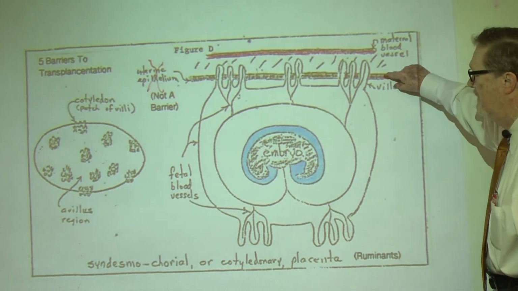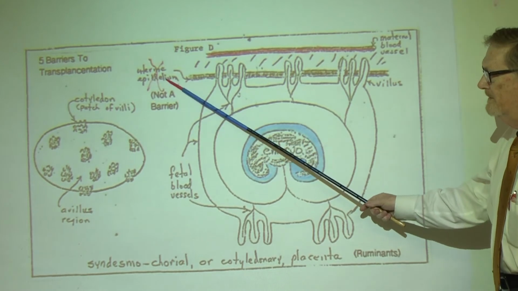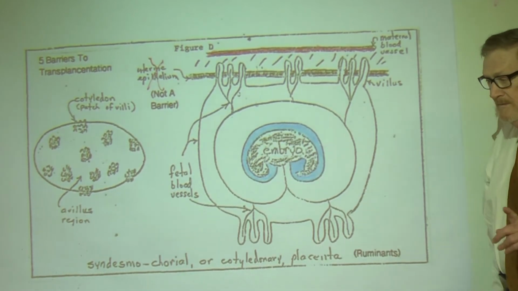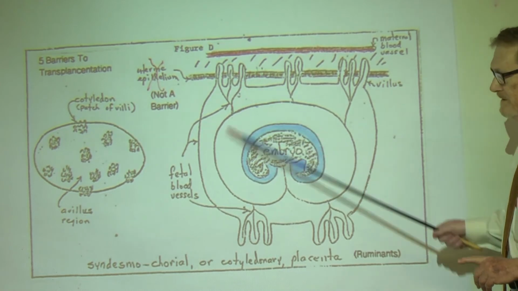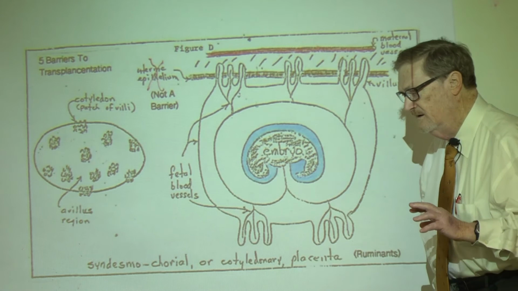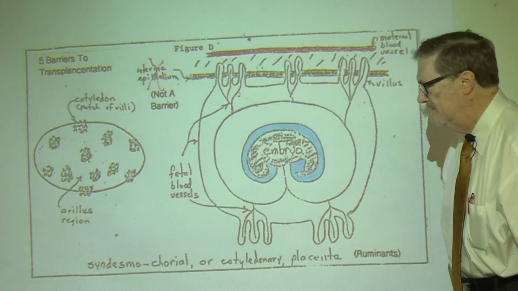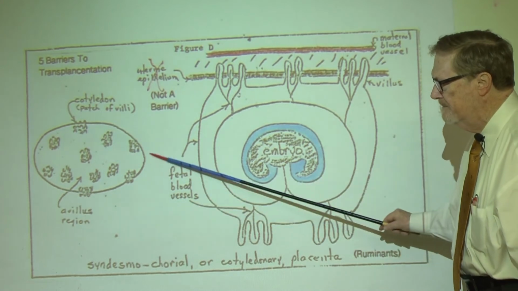It's this barrier right here, the uterine epithelium. It's no longer a barrier. Also, we can name this not only according to which maternal tissue and which fetal tissue are in juxtaposition, or the outside ones, we can also talk about the arrangement of the villi on the surface of the placenta.